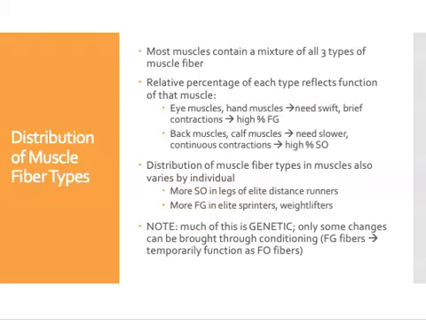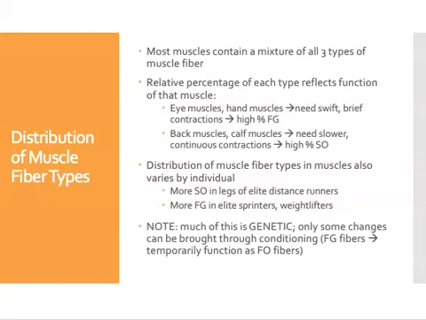Now you can imagine that what combination of muscle fibers a person has in their muscles would really impact their athletic ability, right? It turns out that most of the muscles in the human body contain a mix of those 3 types of fibers. But the percentage of each type of fiber often reflects the job that the muscle does.